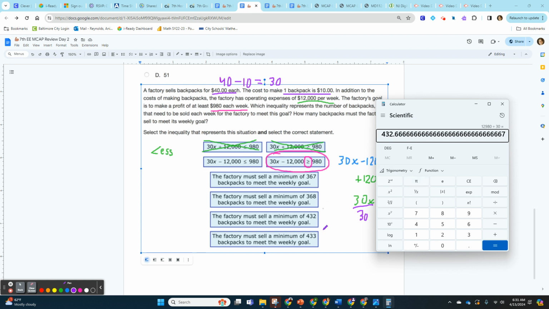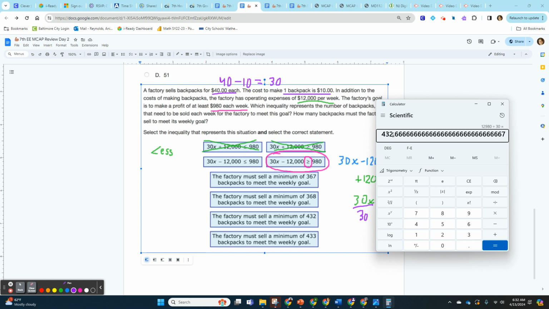Now, that means one of these two is correct. In a real world situation, you have to think of which way you would want to round it. There's the rounding rules normally, but then you also have to think with a greater than, less than symbol, do I want this number to be bigger or smaller? If I were to round it down, I wouldn't have made enough money.